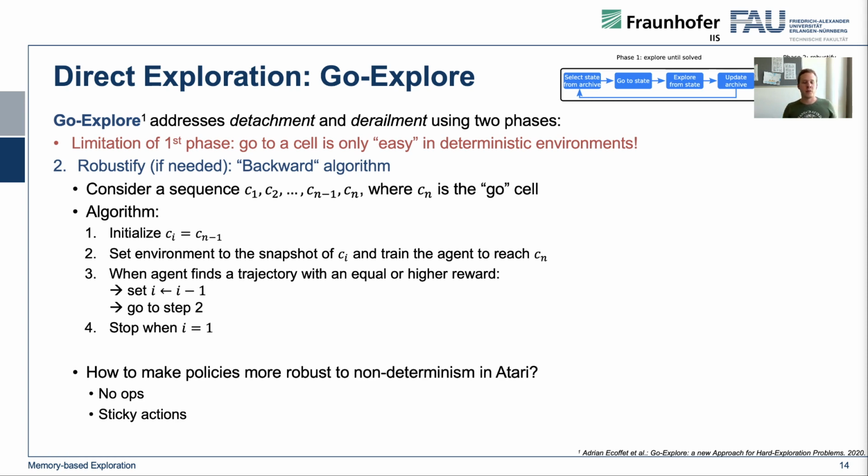We would need to introduce non-determinism in Atari, and if you have played around with it, you see that there are things like no-ops, where the agent is not even allowed to take an action every time step, but the interface just implements a no-op operation in this case, or something like sticky actions, where the agent selects to take an action, and this action is selected more than once by some probability that's provided by the simulator. So this is how you can introduce non-determinism in deterministic settings, in this case such as Atari.